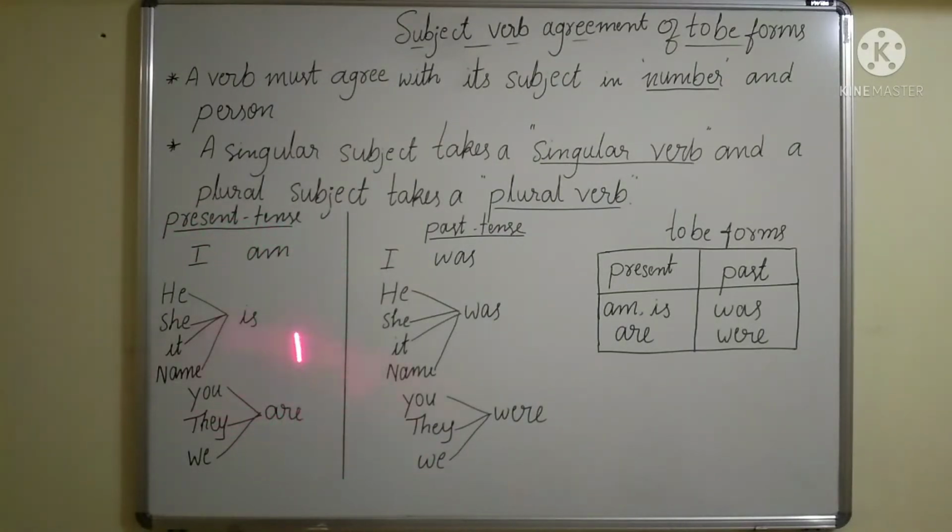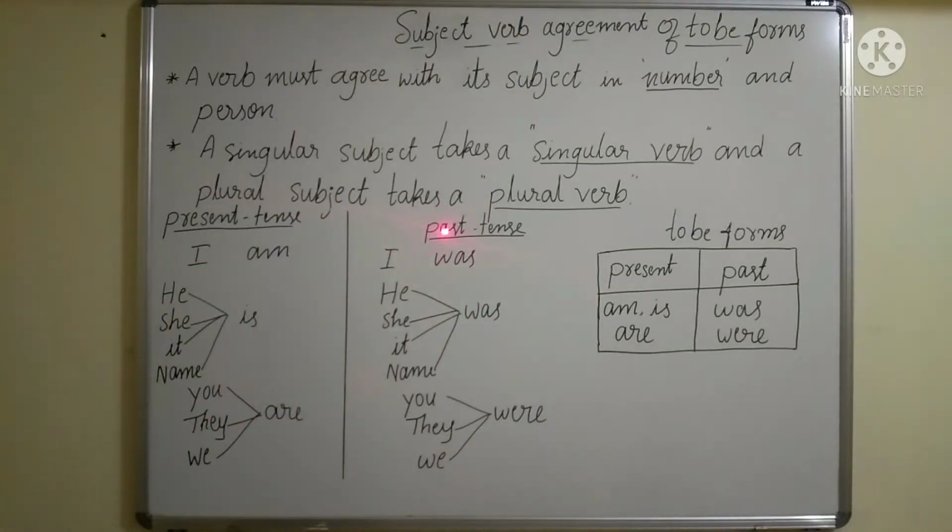Hope you understood. I am, he is, she is, it is, Hari is, you are, they are, we are. So this is all about present tense.